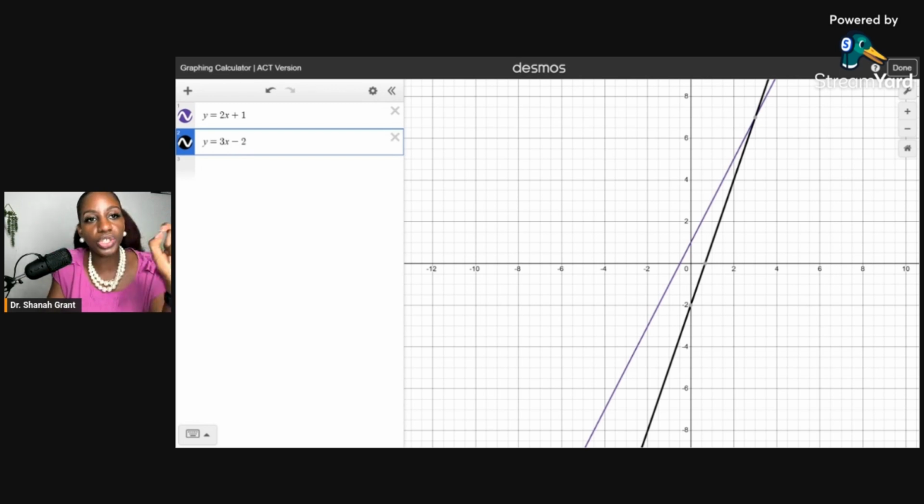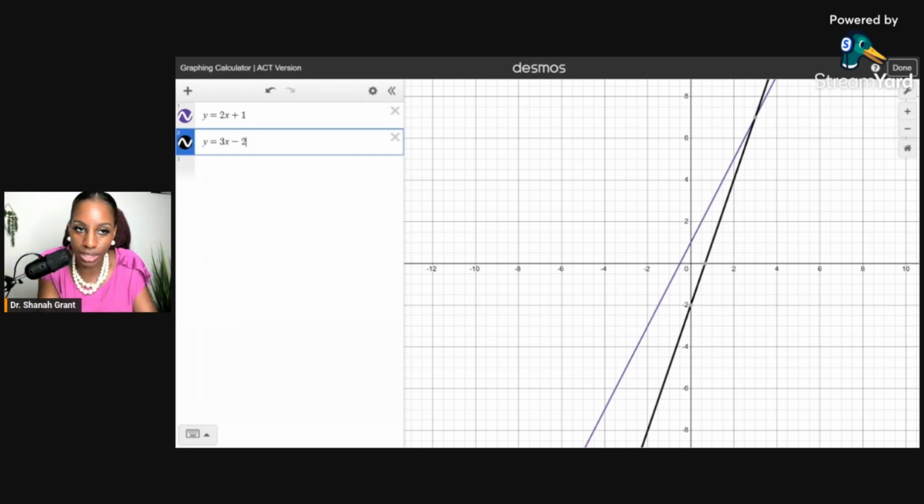The question did say, though, if the two equations are equal, what is the value of c? So it's asking us to evaluate c. Well, c is going to be your x, right? Because f of c means you're evaluating that function where x is equal to c. So we're trying to figure out for what x value these two equations are equal.